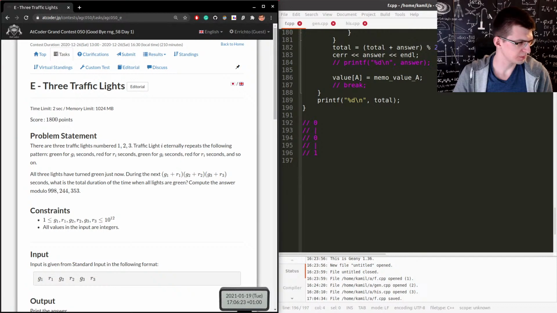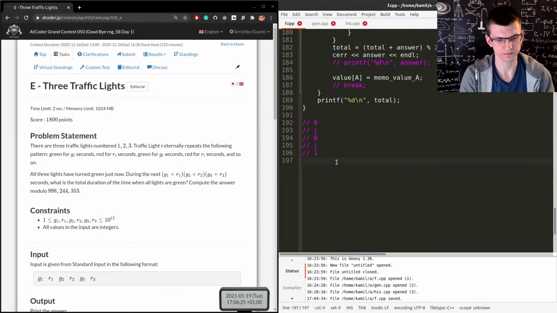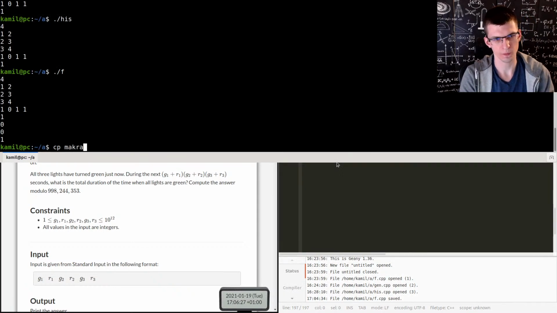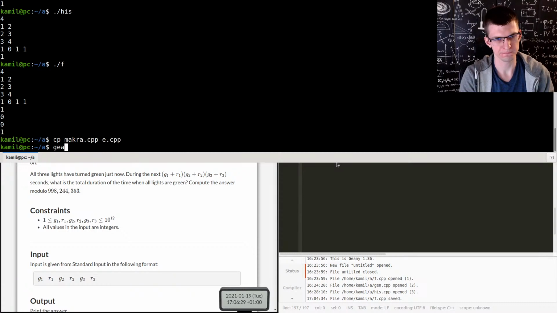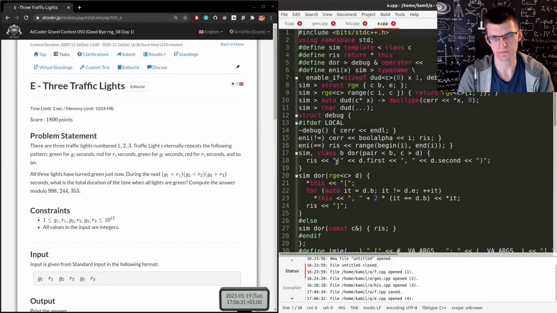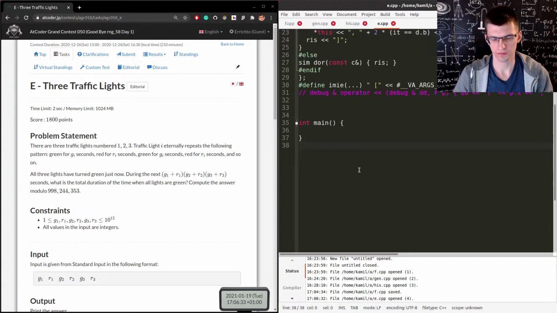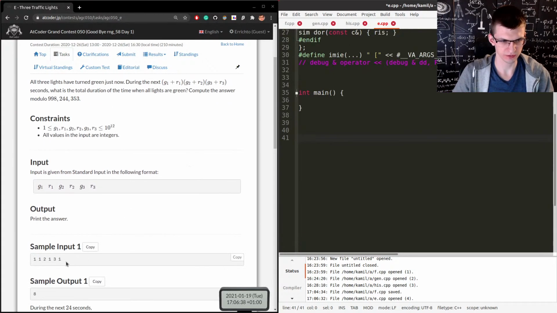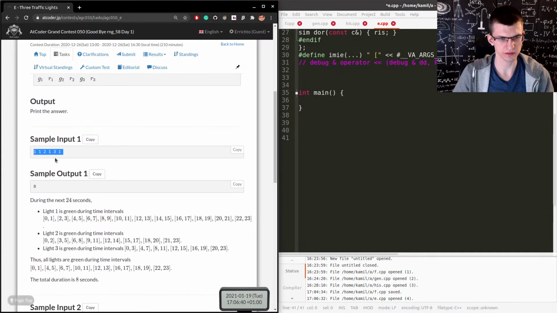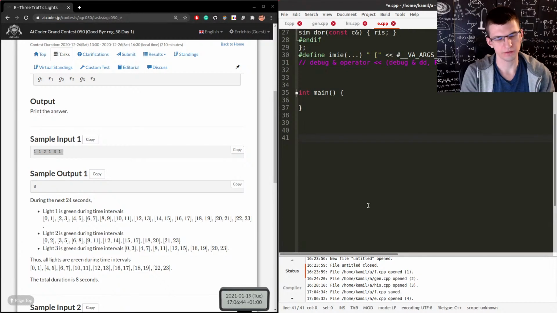There is some kind of big cycle. Yeah, okay, we will work with this. For this input, the first light goes like that: green, red, green, red, green, red, and so on.